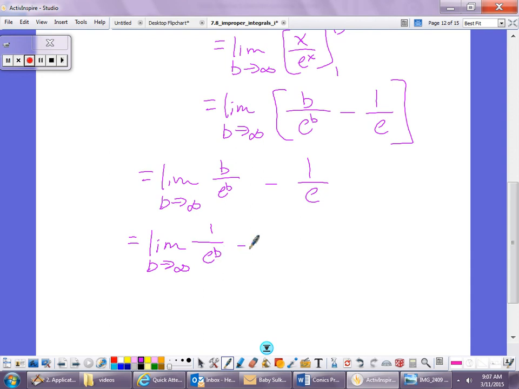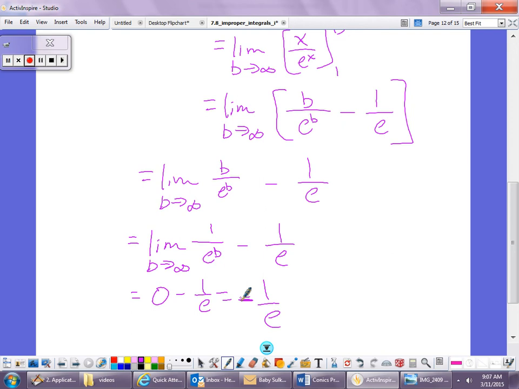And I've still got my 1 over e over here. Well, now I can evaluate this with direct substitution. As b goes to infinity, 1 over e to the b becomes 0. So I get 0 minus 1 over e. And so, negative 1 over e.